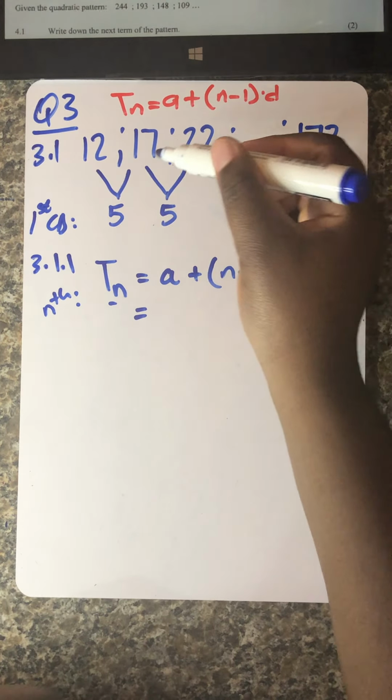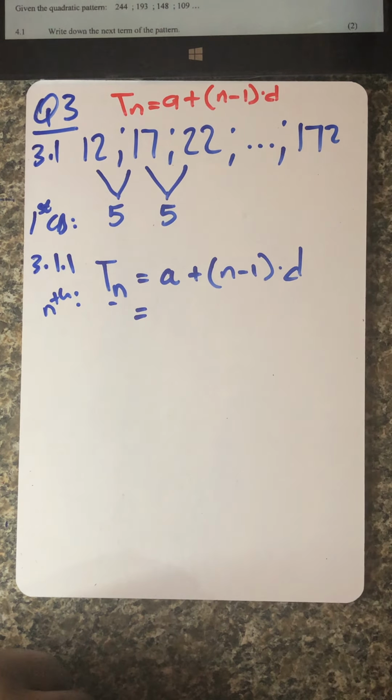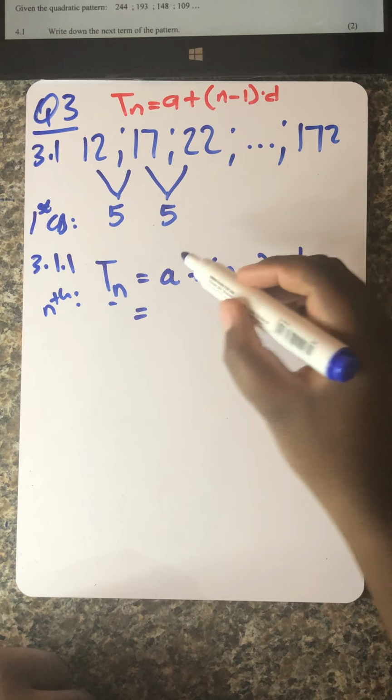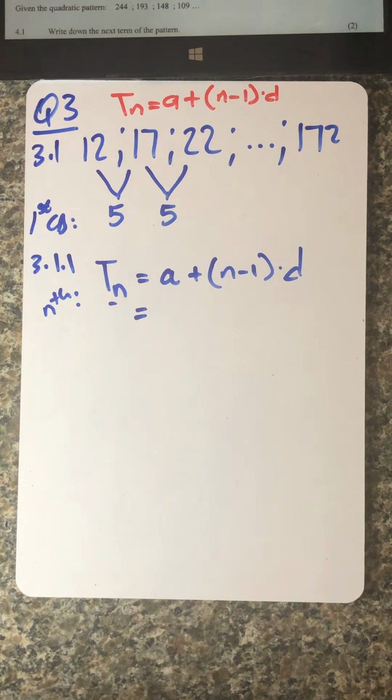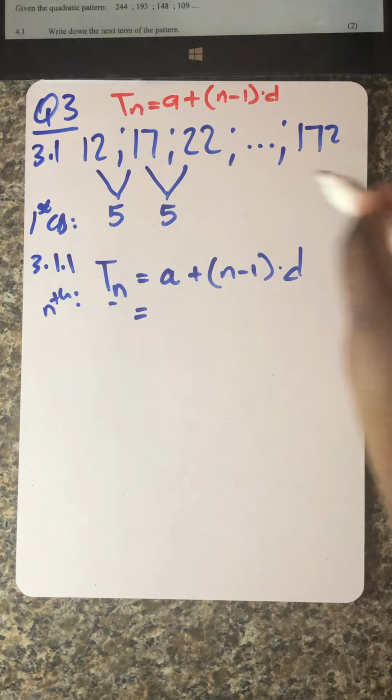So what is A of this pattern? Remember, guys, A refers to the first number of the given pattern. That is our A. This is the given pattern.